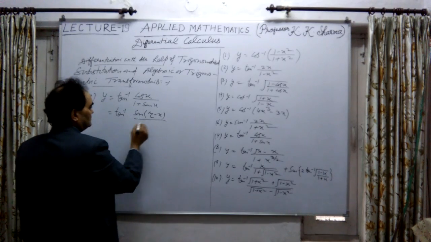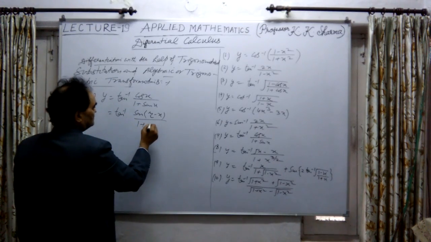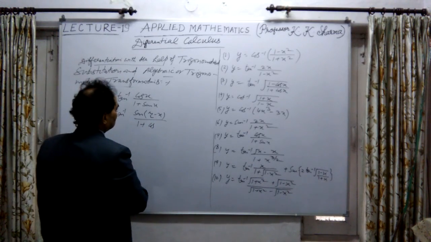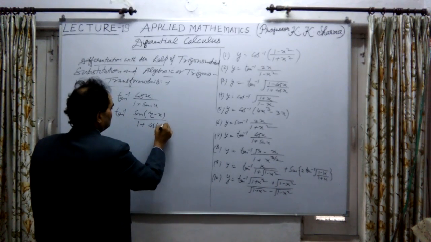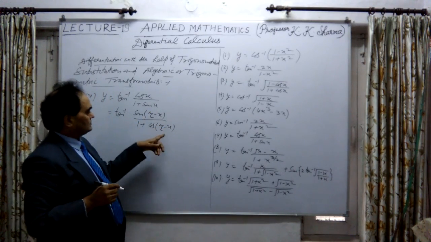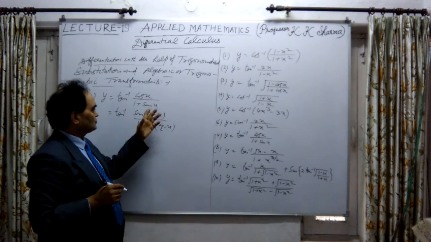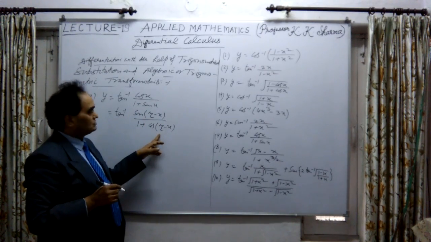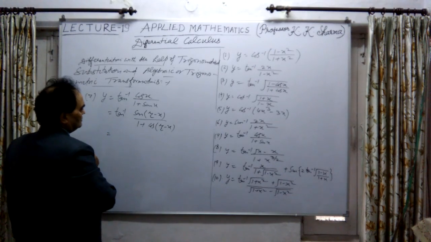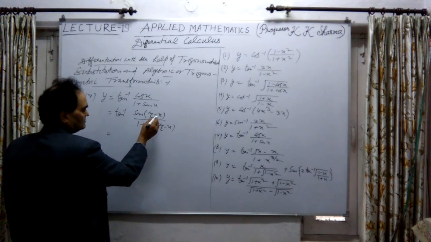It means the numerator becomes sin of pi by 2 minus x, divided by 1 plus sin x, and sin x is again cos of pi by 2 minus x. So 1 plus cos of pi by 2 minus x. I have changed the angle. In the numerator, what do we get? sin of pi by 2 minus x.